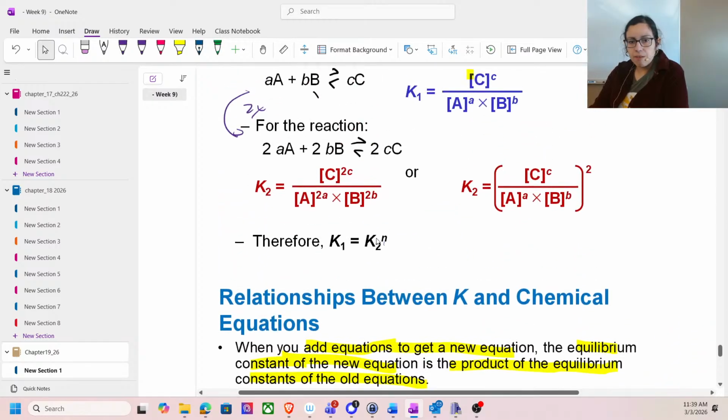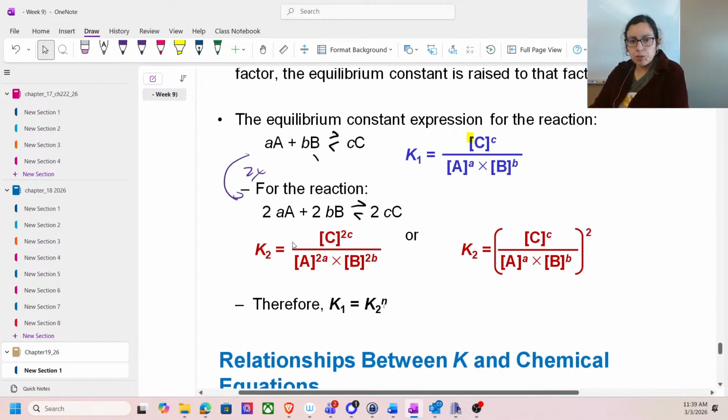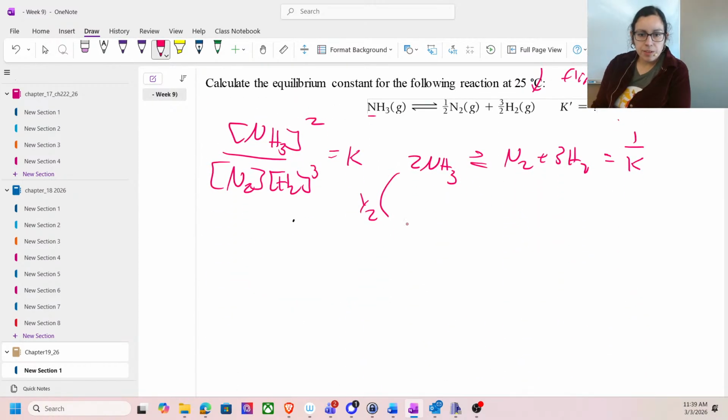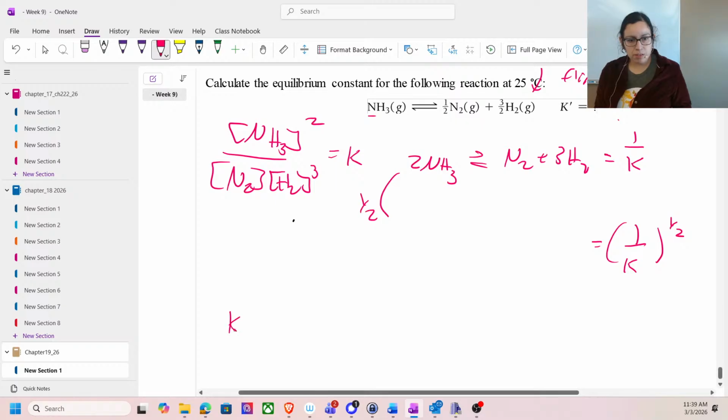Once we have them, we can take them to that n power. So if it's half, we can raise it to the power of a half. So then for that K, that's 1 over K to the square root, or to the 1/2. And now we can just solve for K prime.